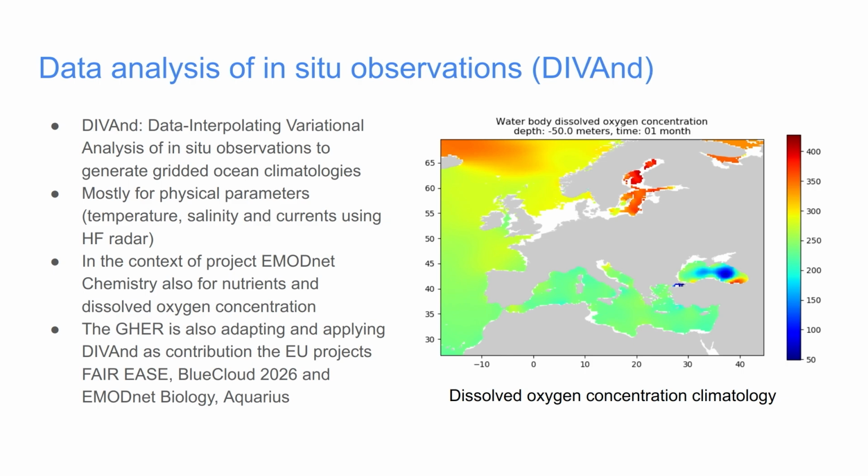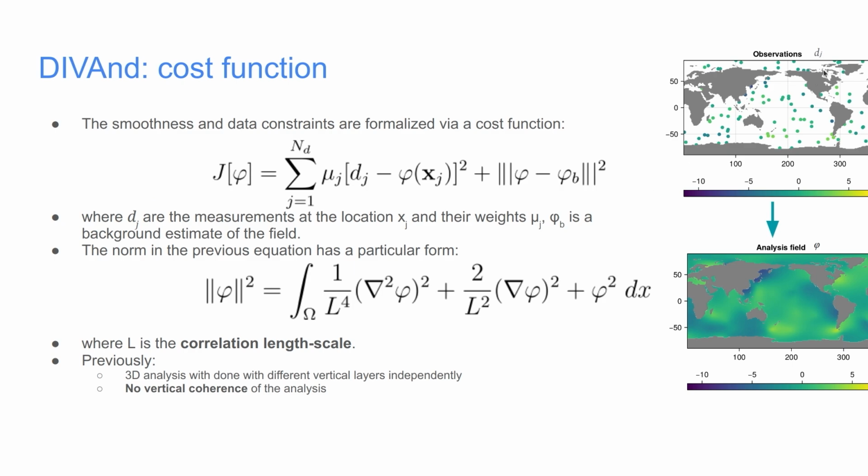The idea is that when you have a cloud of discrete in situ observations, you want to produce an analyzed field from them. Essentially, you want to produce a field which is close to the observations within their error bounds, and also spatially smooth.